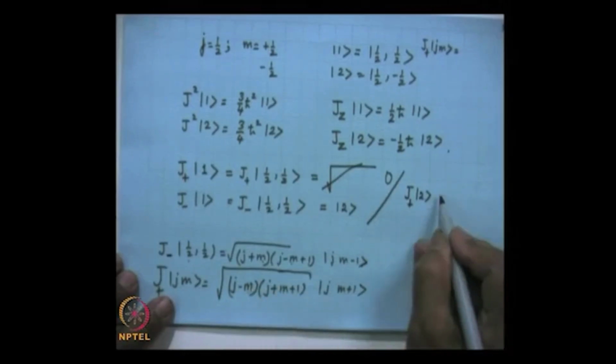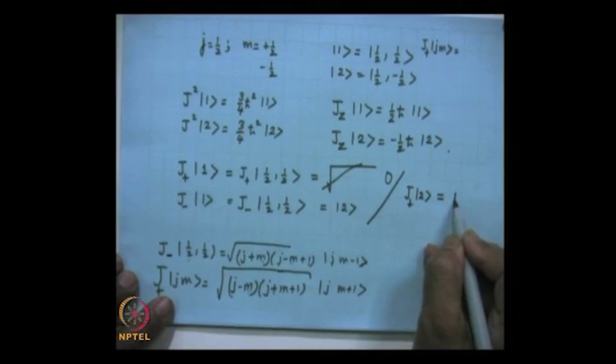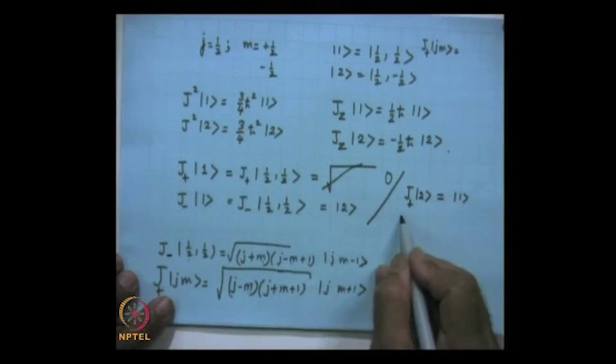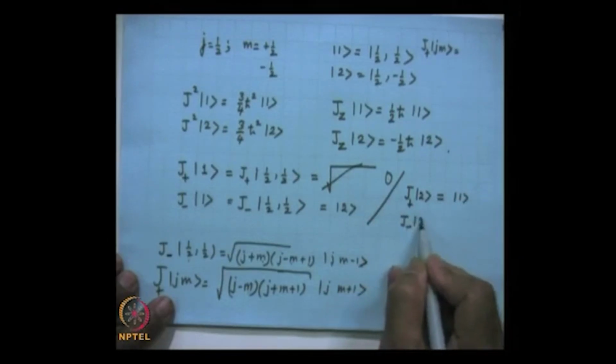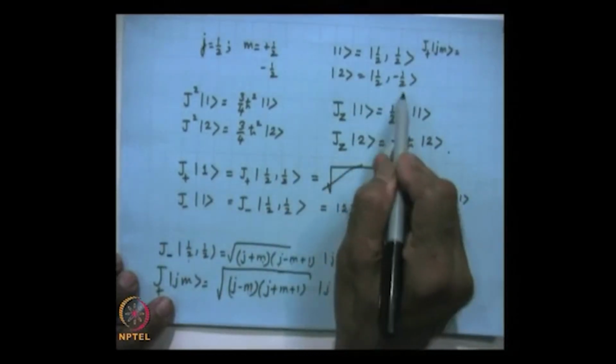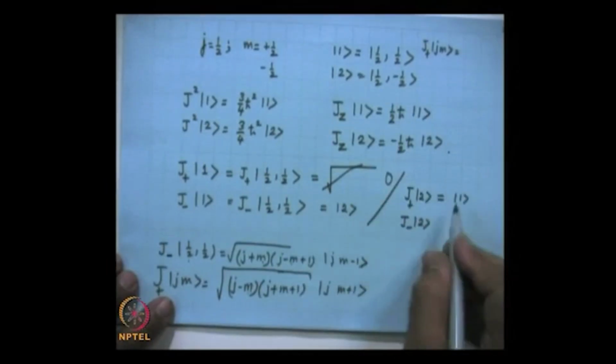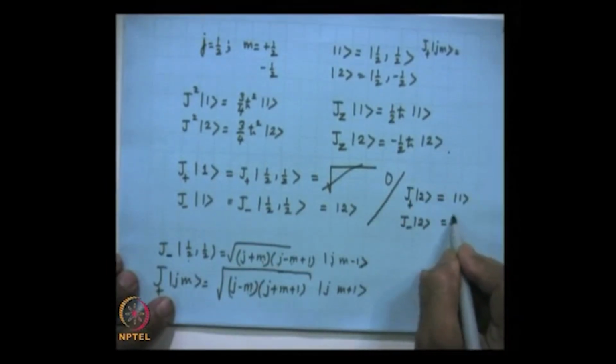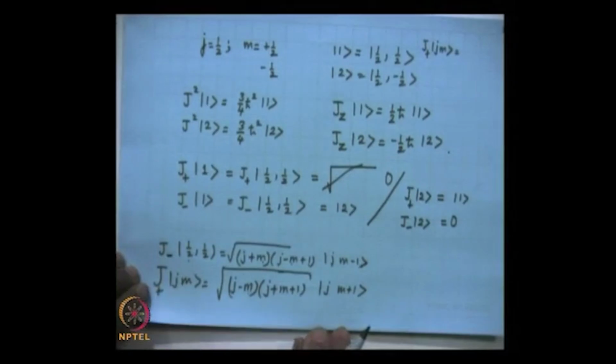So, this is equal to 1. And J minus ket 2 means m will go down, but that cannot be minus 3 by 2. So, this will be a null ket. Okay.